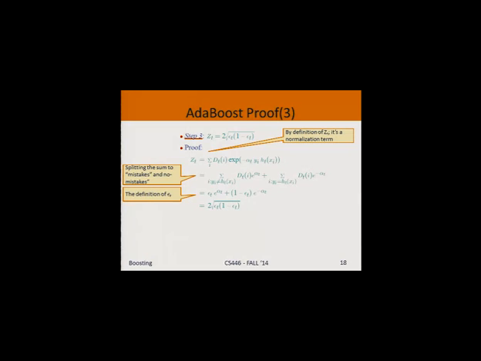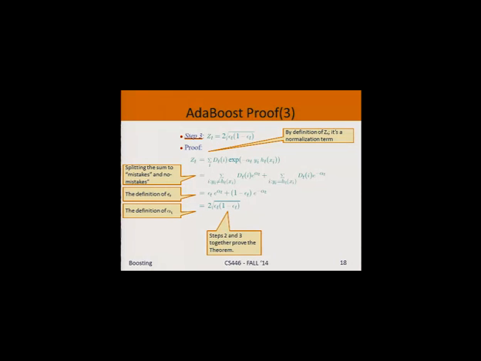This is the question that you asked before. What is the definition of error? It's the sum of D_t of i over all i on which I made a mistake. So I replace this by epsilon t. This is 1 minus this. It's the sum over those I did not make mistakes on. So it's 1 minus epsilon t. And you can do a little bit of algebra, and you will get that this is this.